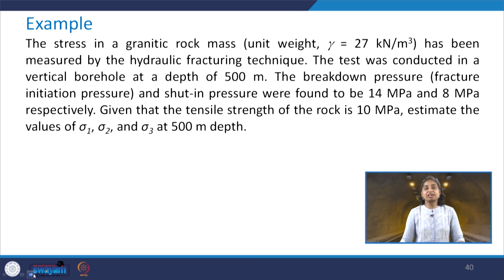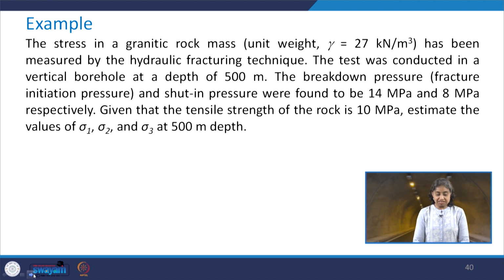So, let us take an example and let us try to understand how we can find out the in situ state of stress using the test data from the hydraulic fracturing technique.